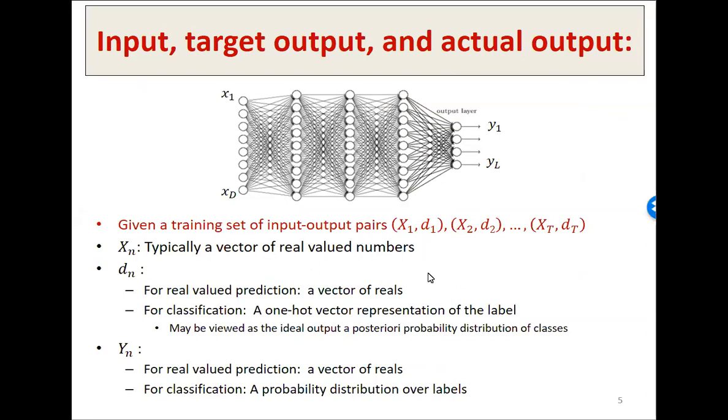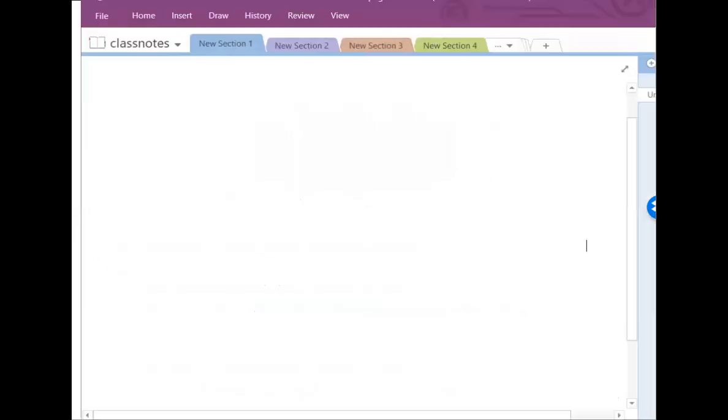the label. And we saw in the last class that although it's a one-hot vector, you have two ways of viewing it. You can just think of this as a vector of numbers, or you can think of this as the ideal output a posteriori probability of the class for the training instance.